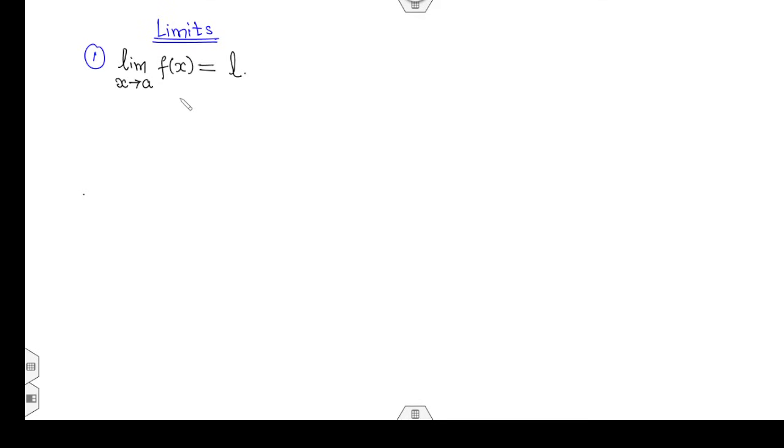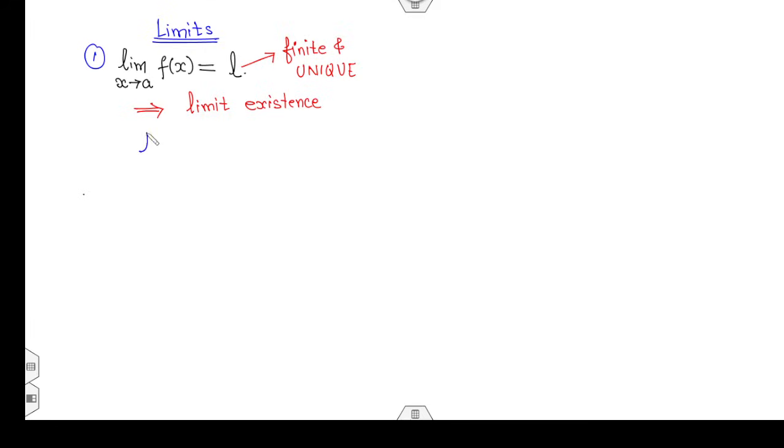Now, whenever you calculate the limit, if this L is finite and unique, and unique is the most important thing, then only you can say the limit exists.